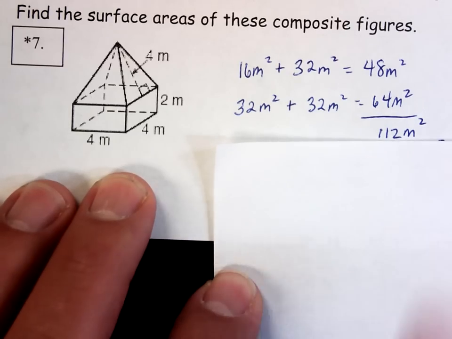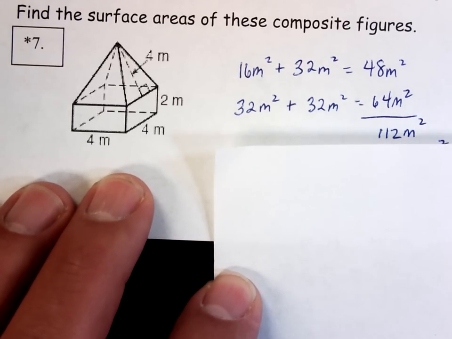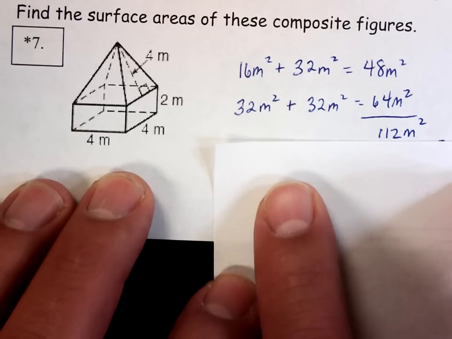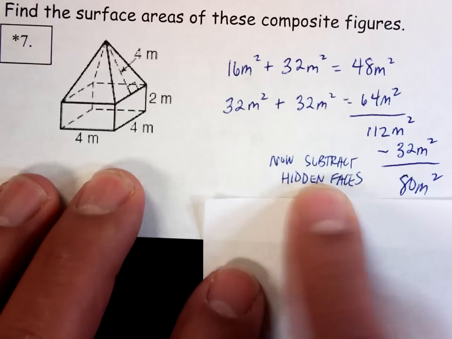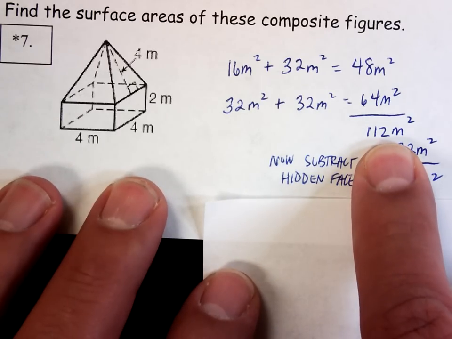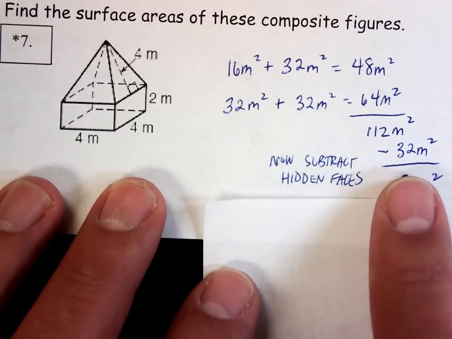But now think of the two faces that are being shared. The bottom of the pyramid is being covered up, and the top of the prism is being covered up. So I have two faces being covered up. So now I have to subtract the hidden faces. My total is 112, but I have to subtract 32. Where's 32 coming from?